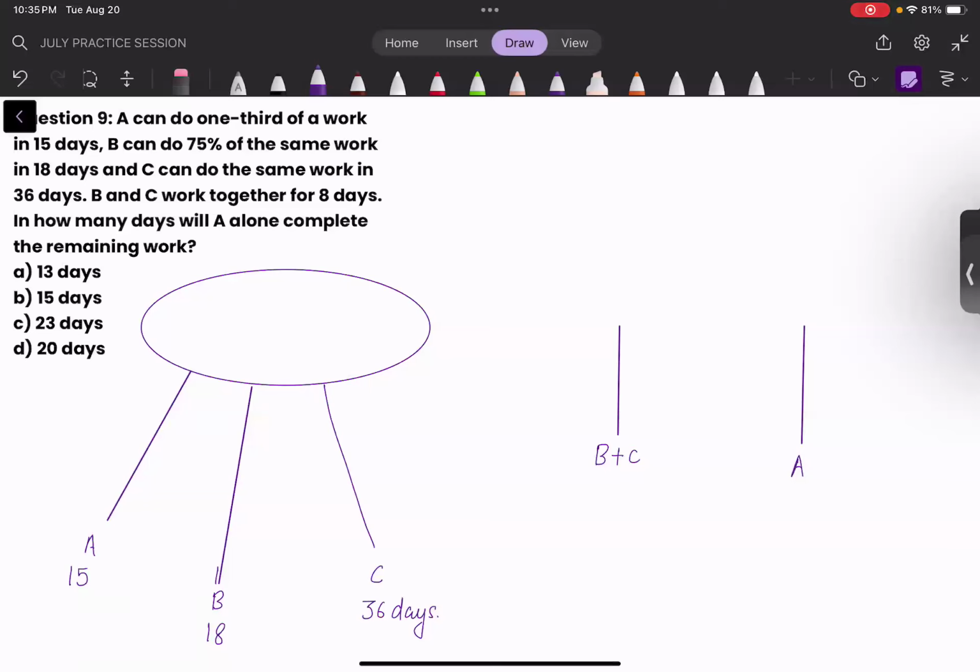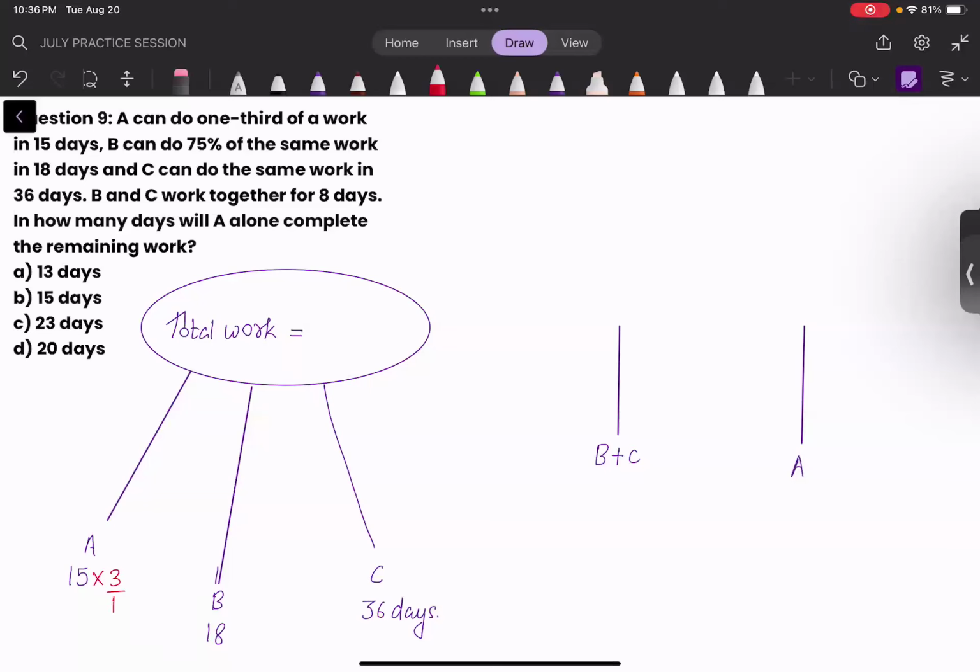I want the value for total work. What should I do? 15 is not right. What should I do? Multiply with opposite. So multiply with 3 by 1.